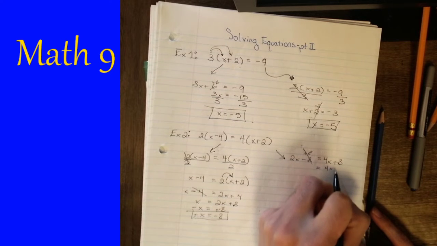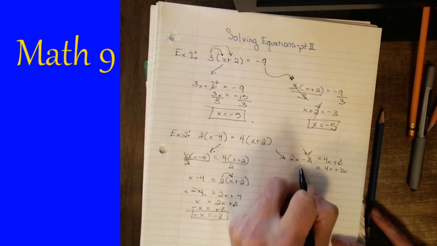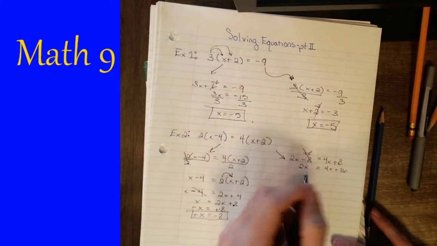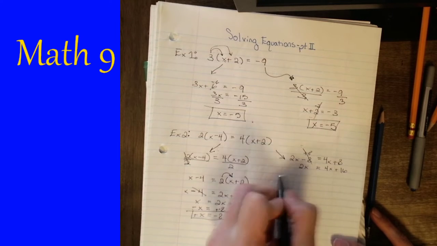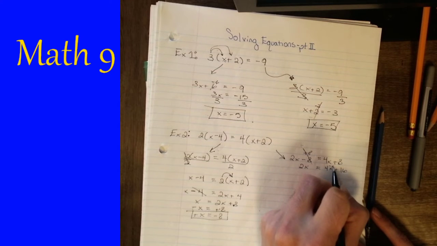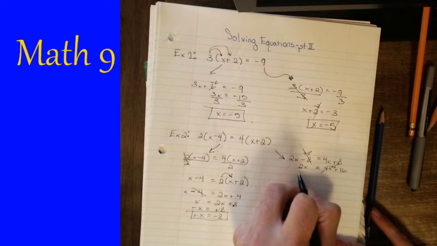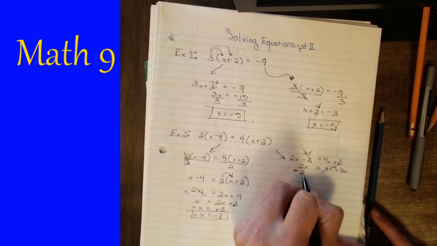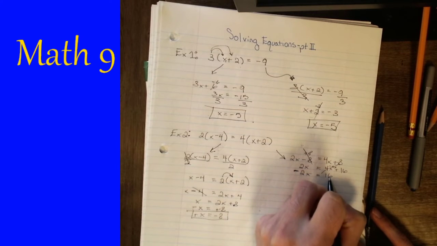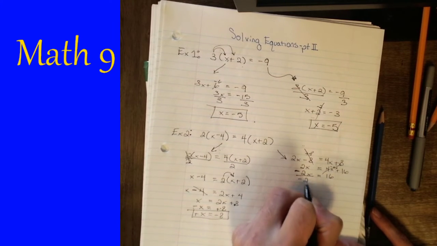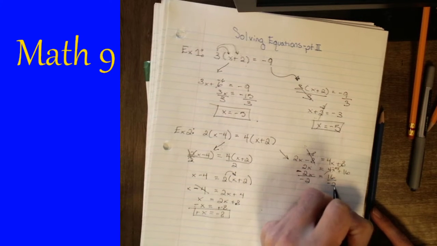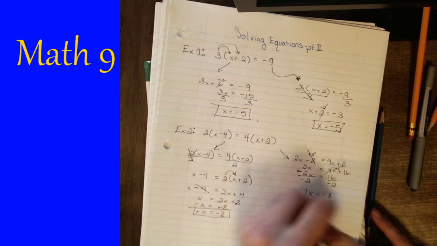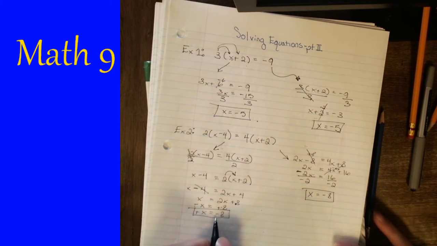I'll have 4x plus 16. That's equal to 2x. And then I'll subtract 4x from both sides. 2x subtract 4x, that would be negative 2x is equal to 16. So now I'm dividing both sides by negative 2. And therefore x is equal to negative 8. Just like we did down here.